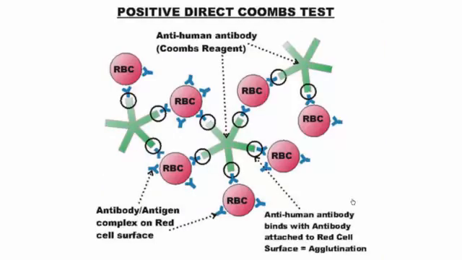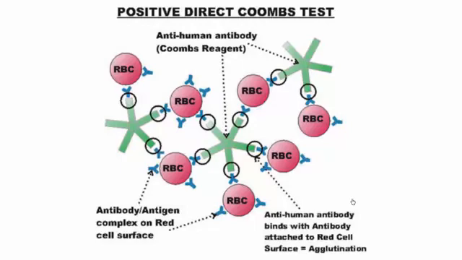So this is another diagram to show you the positive direct Coombs test. If the antibody has coated the RBC of the patient in the patient circulation, when we put in the AHG, this AHG will link to the antibody on the red cells of the patient, and this will cause the red blood cells to agglutinate, and we will see the positive results.